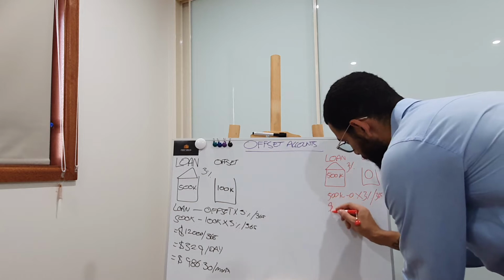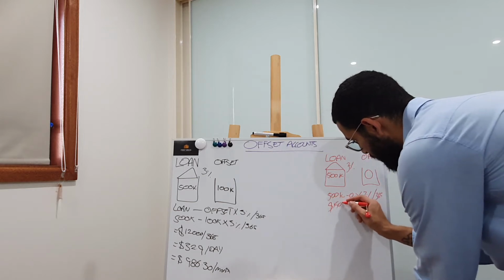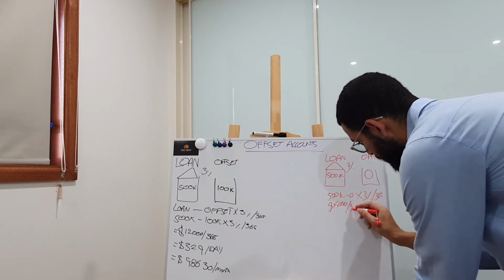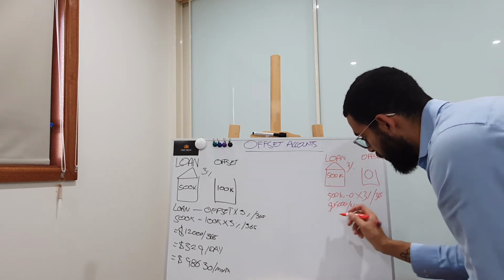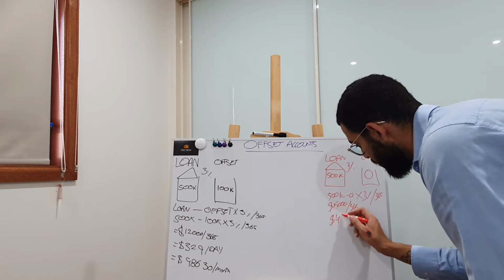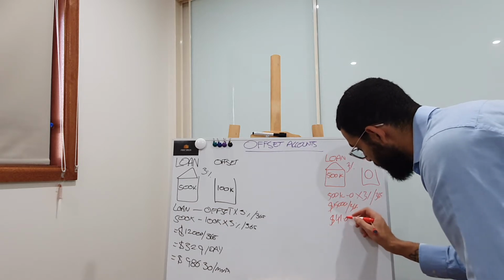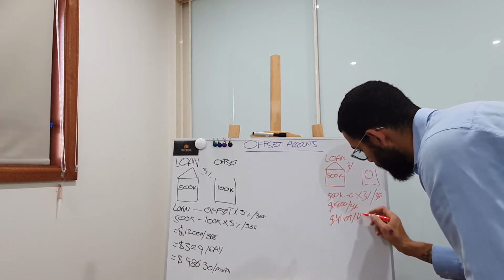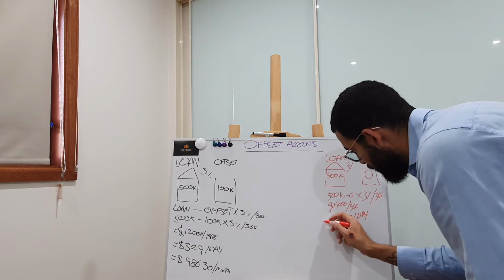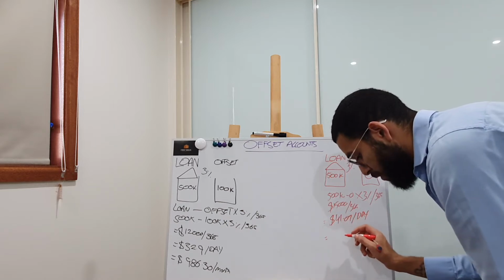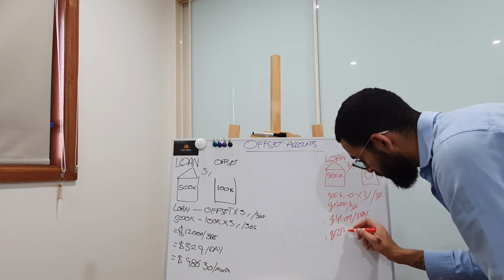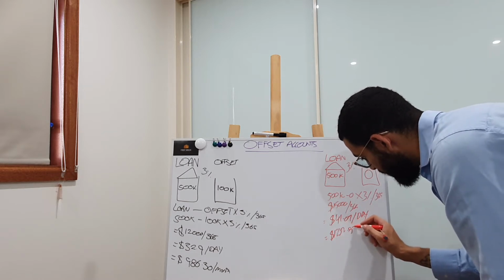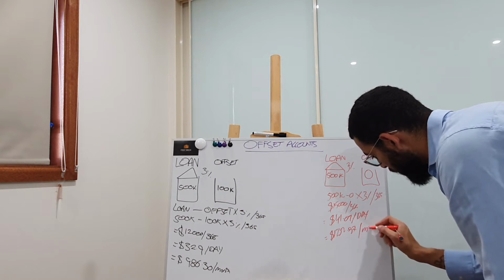So you get $15,000 in interest, divided by 365, which equates to $41.09 per day, or $1,232.87 a month.